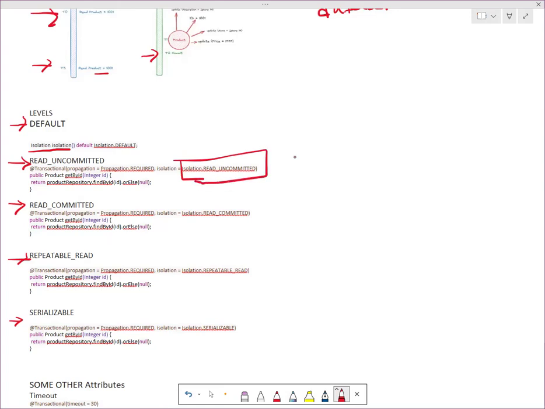This is the lowest level of isolation, and it allows many simultaneous accesses, but it cannot prevent concurrency problems. It cannot solve the dirty read, the phantom read, or the non-repeatable read problem.